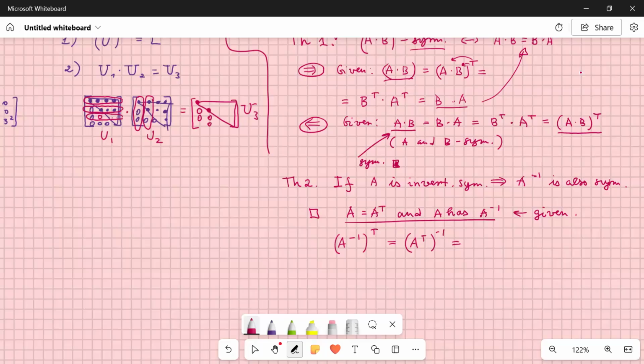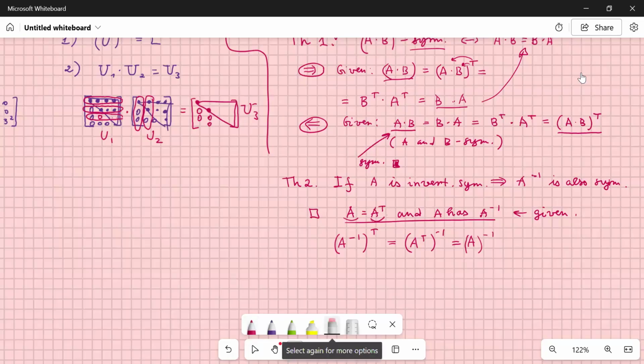And next, I'm going to use the fact that A transpose is actually A. So I'm going to put A here, A inverse. Maybe I don't need parentheses.